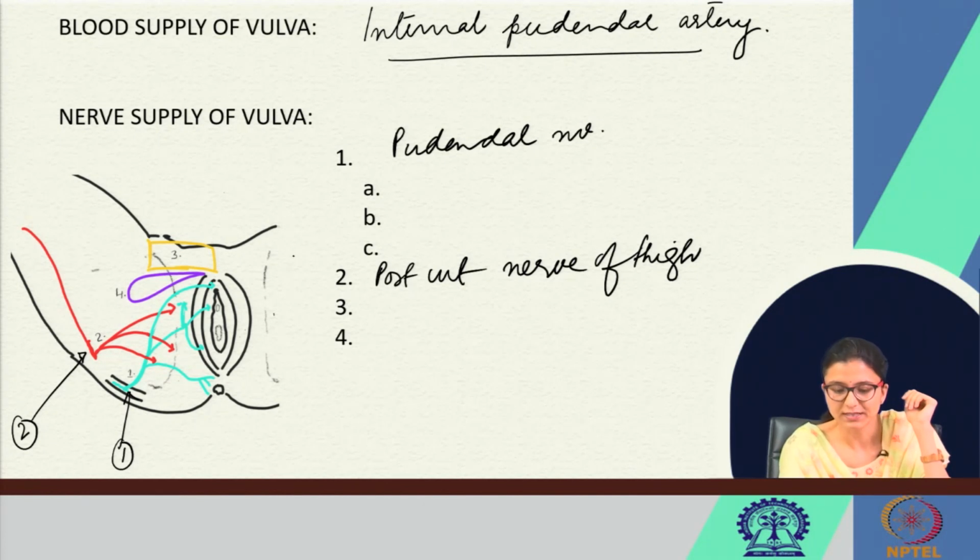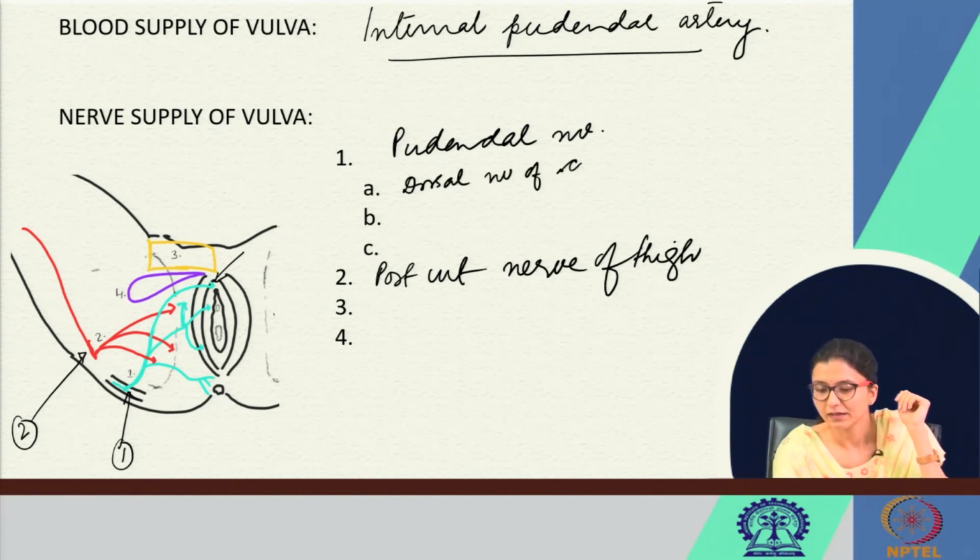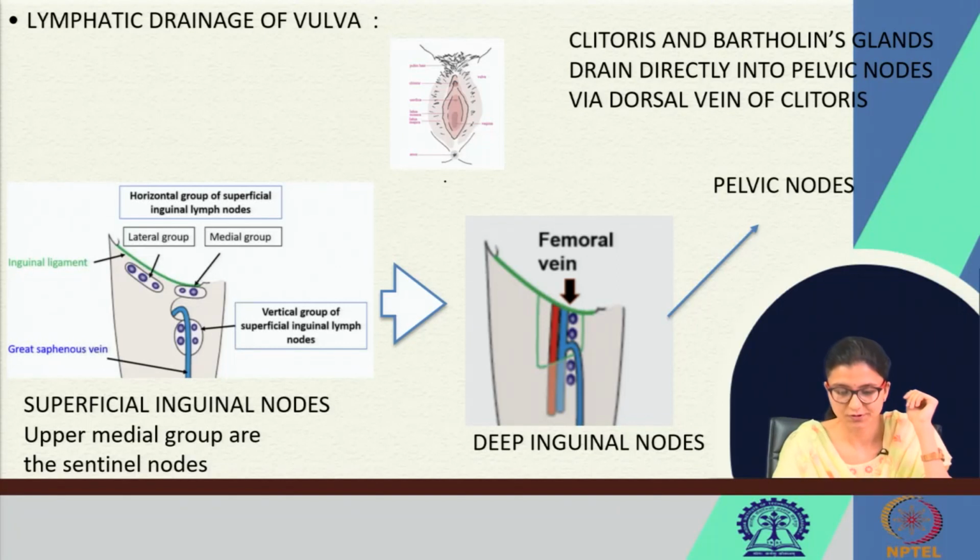The pudendal nerve has branches. Number A is the dorsal nerve of clitoris. Number B is the perineal branches. Sorry.